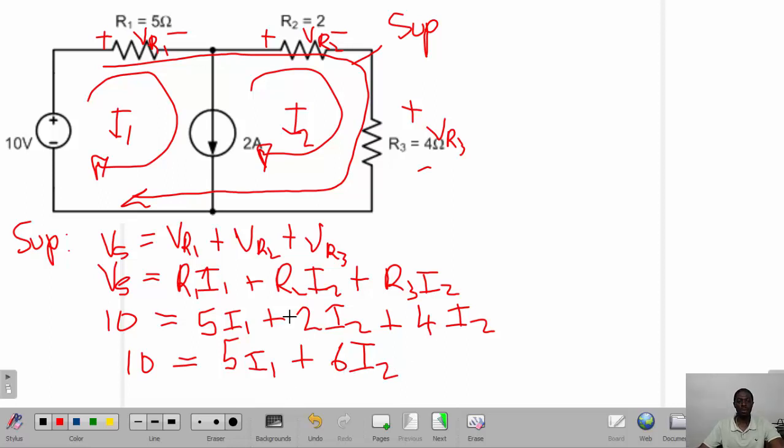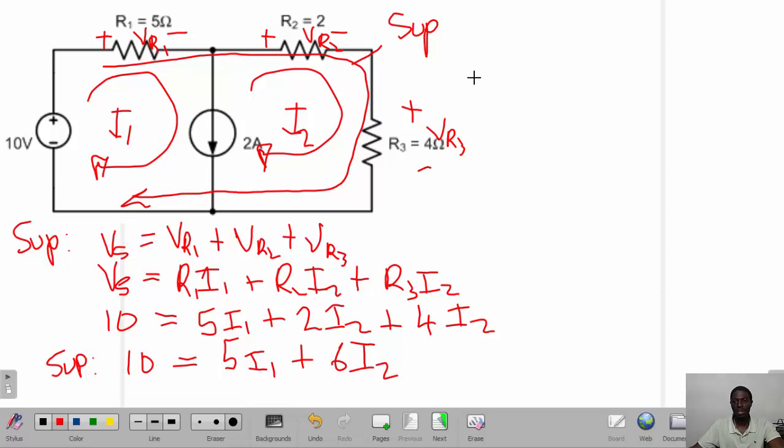That is the equation that we have at the super mesh. And then when we look at the current source, what we have is the current source going down, and then we've got I1 which is also going down, and I2. So this is equation 1 at super mesh.